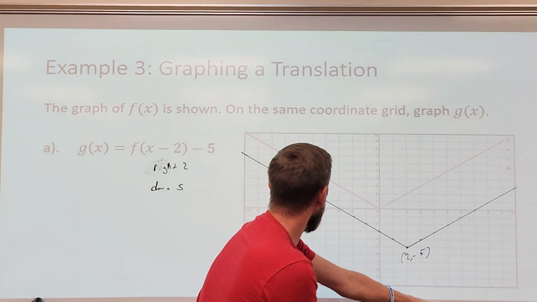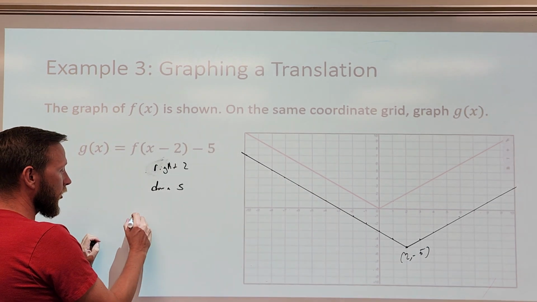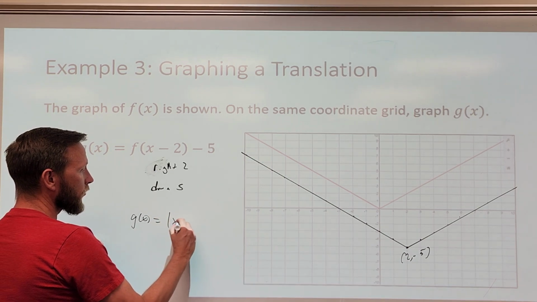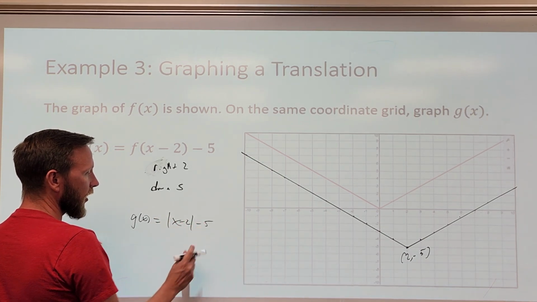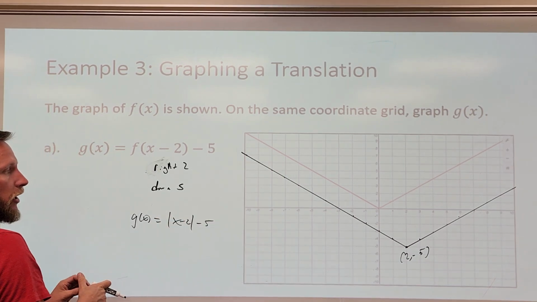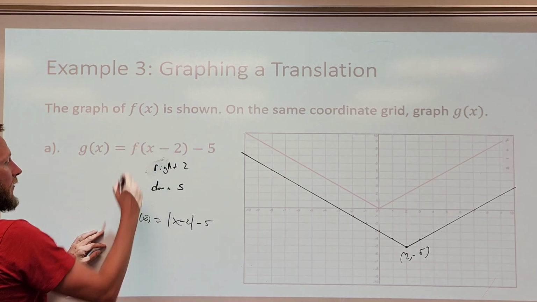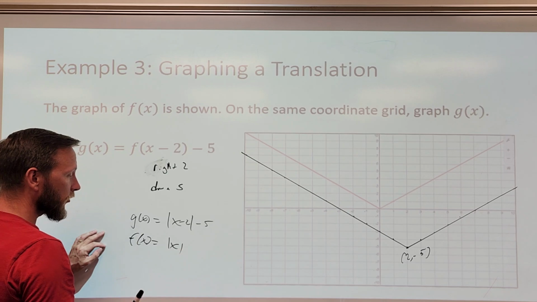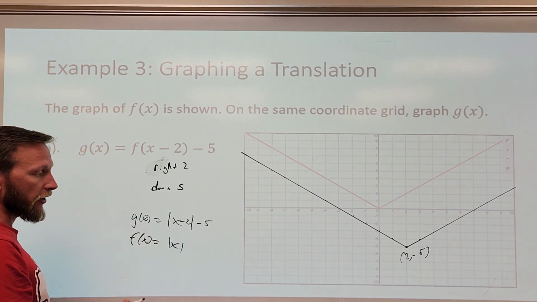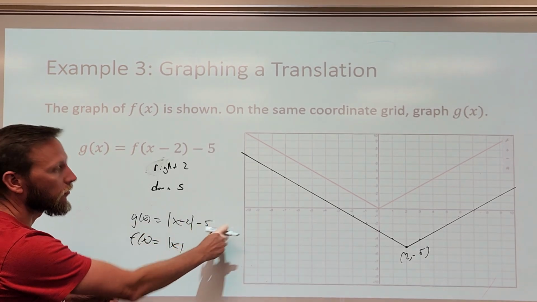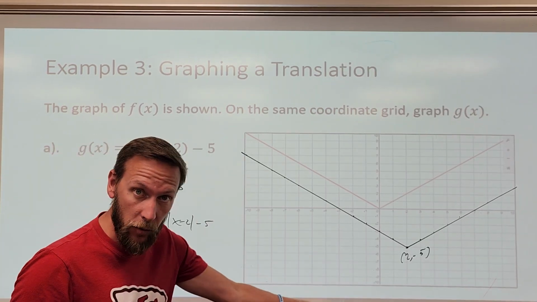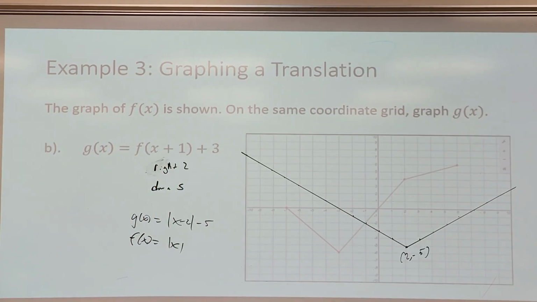My hope is that you don't need a grapher to graph that g of x is equal to the absolute value of x minus 2, minus 5. That is the graph that we drew here. And now if you type in y1 is equal to the absolute value of x, and y2 is equal to the absolute value of x minus 2, minus 5, you're going to get these two pictures. You can check that with the calculator should you prefer.